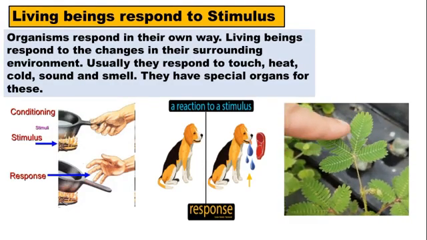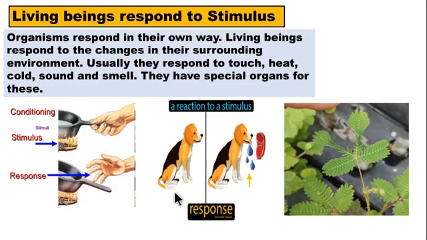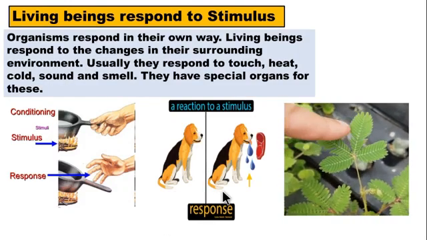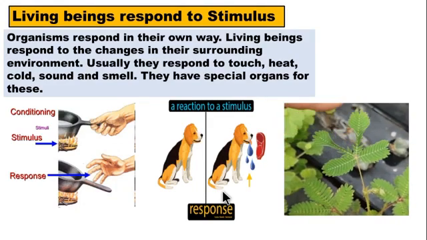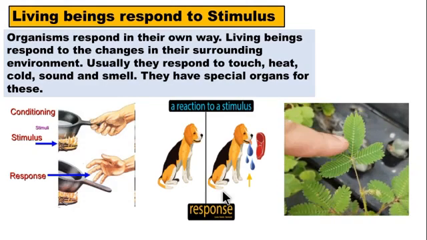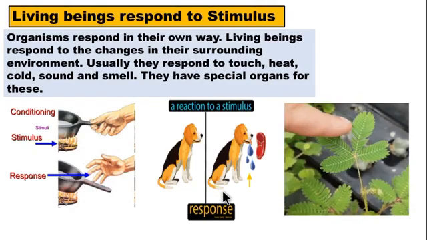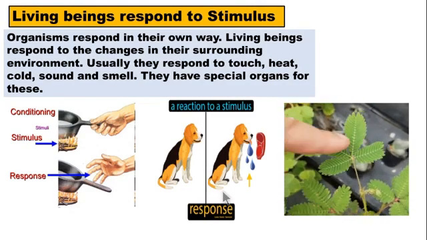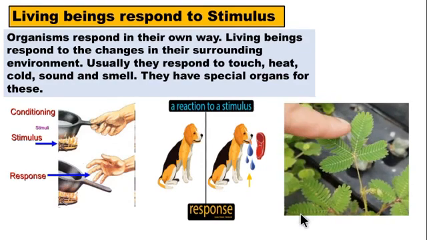So in the second picture, this dog is sitting quietly, but here, see, when this dog sees that meat, the dog's mouth started watering. Yes, no? So it means dogs or animals respond to stimulus. In the third picture, this is the touch me not plant.